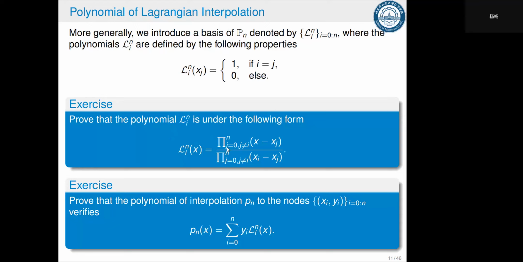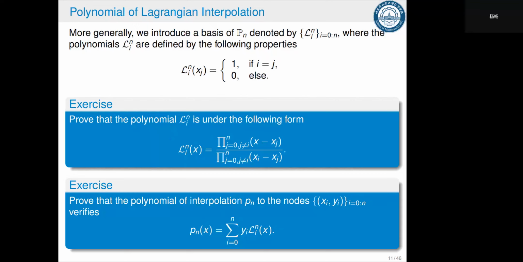Then the second exercise tells you that once you can find a basis like this, L_i^n(x), then the interpolation polynomial of degree n can be defined as a linear combination: the sum of yi times L_i^n, for i from 0 to n. I think the second exercise is more or less trivial.